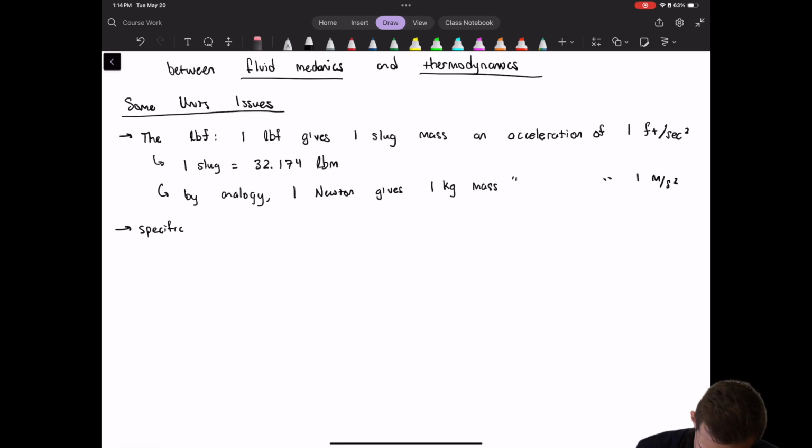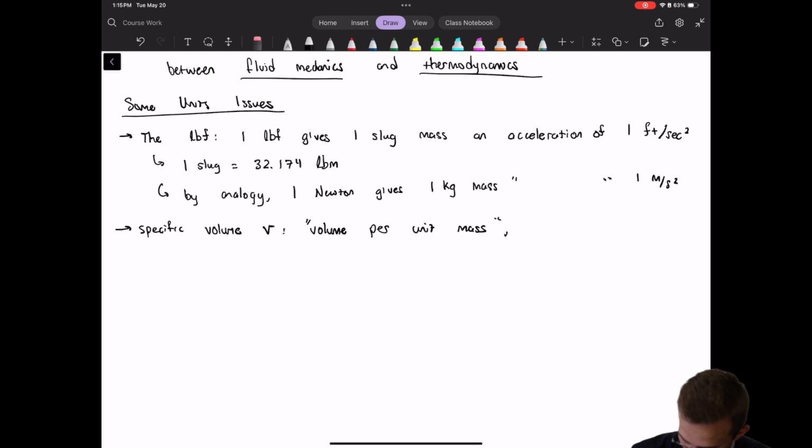So another thing that you may not have seen before is the specific volume. I will denote this with a lowercase v with a little tail on it, not to be confused with a nu. Okay, so this is defined as the volume per unit mass.